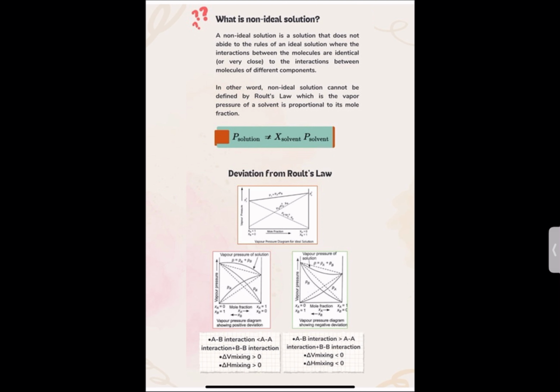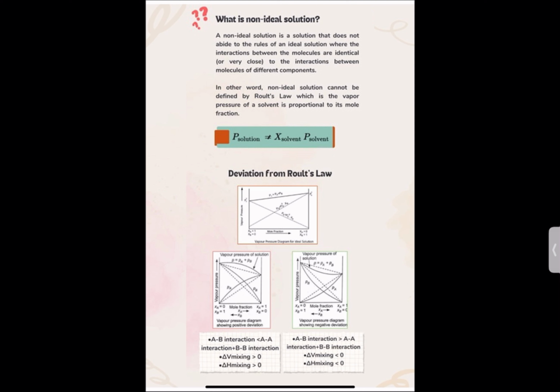As shown in the poster, non-ideal solutions exhibit two types of deviation from Raoult's law, which are positive deviation and negative deviation. In positive deviation, A-B interaction is less than AA interaction and BB interaction. A-B interactions are those interactions which we get after mixing individual components A and B, while AA and BB interactions are the interactions taking place within their individual components.